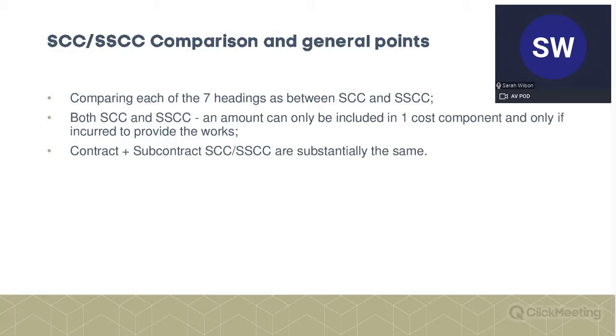There are some common denominators. Both of them say that you can only claim an amount in one section. So, if, for example, there is the opportunity to claim it in 2, it's basically preventing contractors and subcontractors from any double claiming.